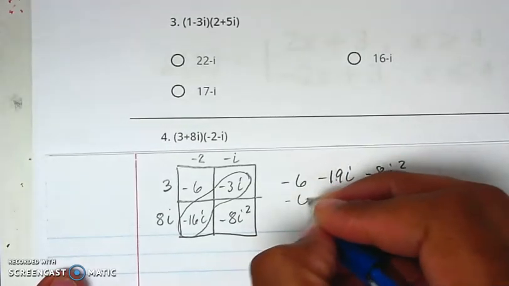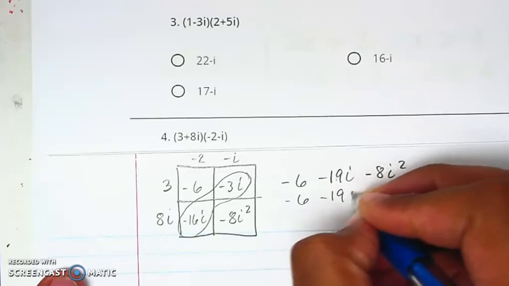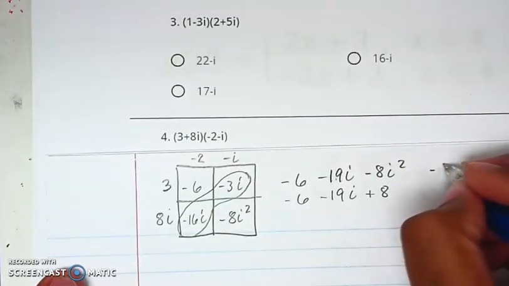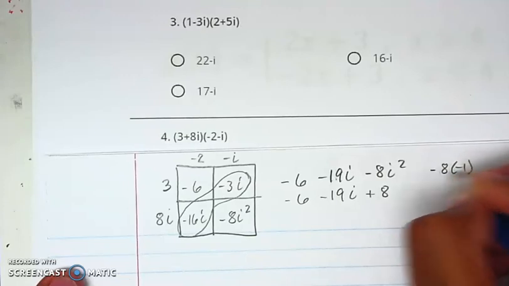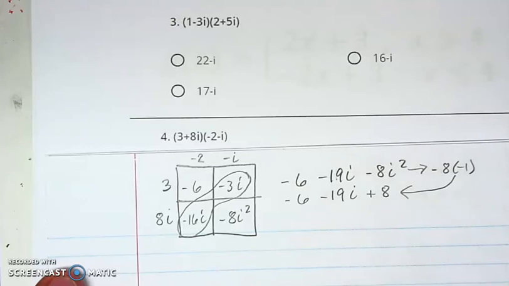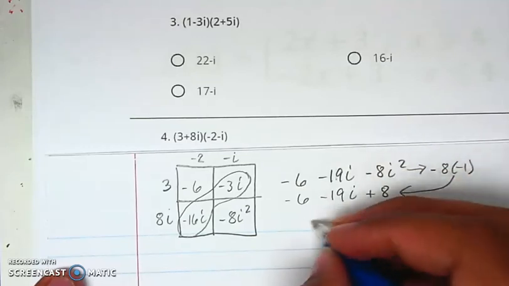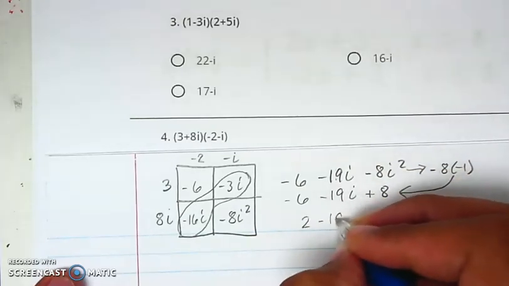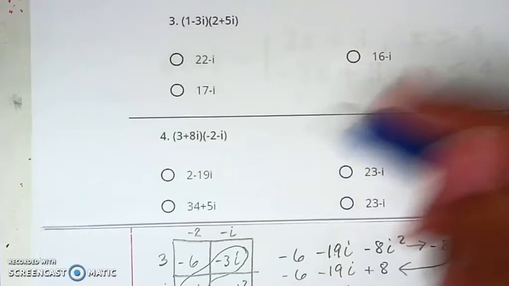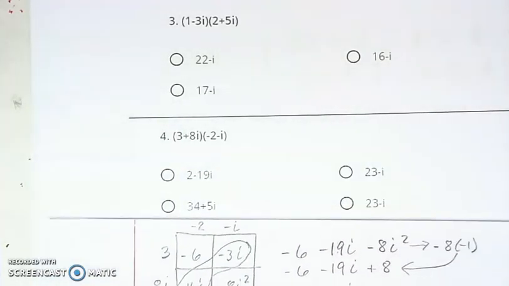Negative 8 times negative 1, just a reminder, is positive 8. Combining like terms, we get 2 minus 19i. And again, that's what we got as an answer there: 2 minus 19i.